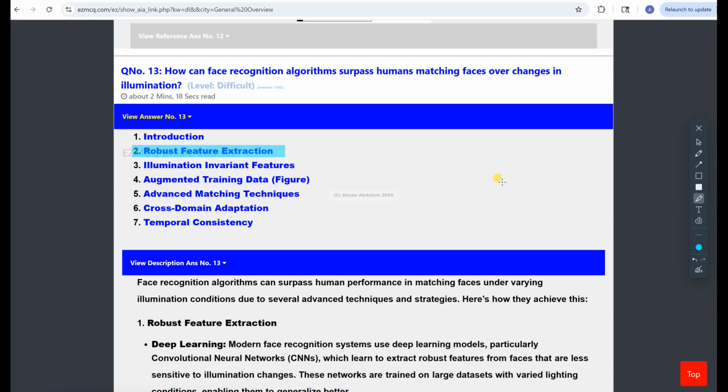All right. The next point is illumination invariant features, for example local binary patterns or deep learned embeddings. They help the algorithms ignore variations in lighting, so instead of focusing on brightness, they focus on shape, texture, or relational data for face recognition.